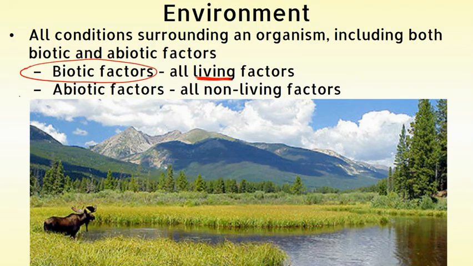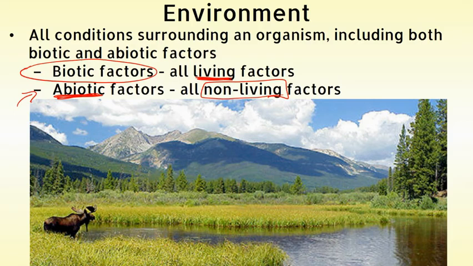And then we're also going to bring in abiotic factors. Abiotic factors are the non-living things. Those are going to be our water source, our topography, whether or not there are mountains, whether or not there are plains and grasslands, and the weather and the climate. Those are all of our non-living factors.